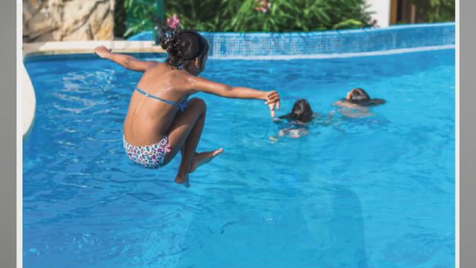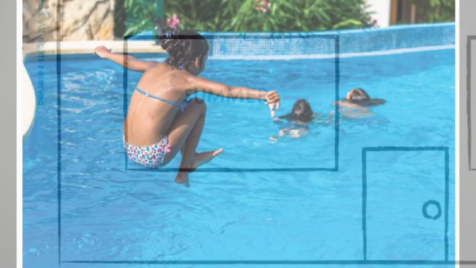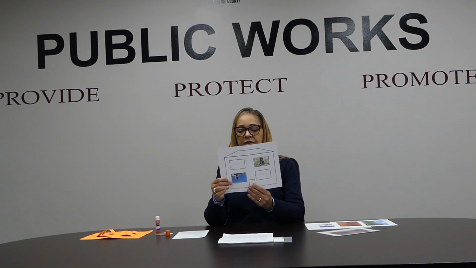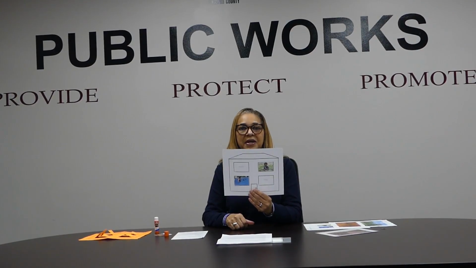And so, with your summer picture, this is the one that we should have. My friend is jumping into a pool on a hot, humid day. So let's put some glue in the summer box, and we're going to glue our summer picture into the summer window or box.